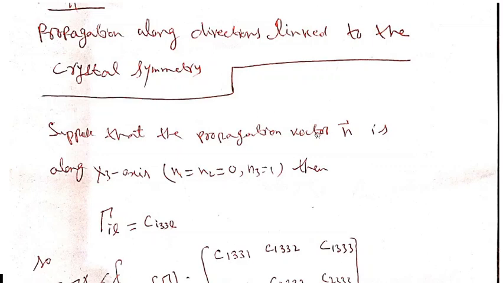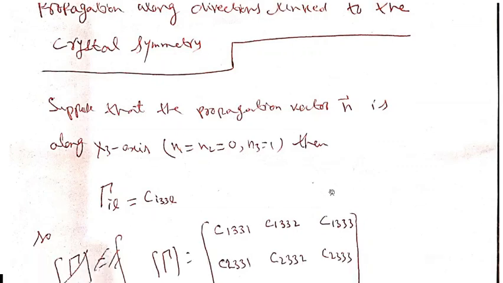Suppose that our propagation vector n is along the x3 axis. When it is along x3, it means n1 and n2 are 0, and n3 is equal to 1.